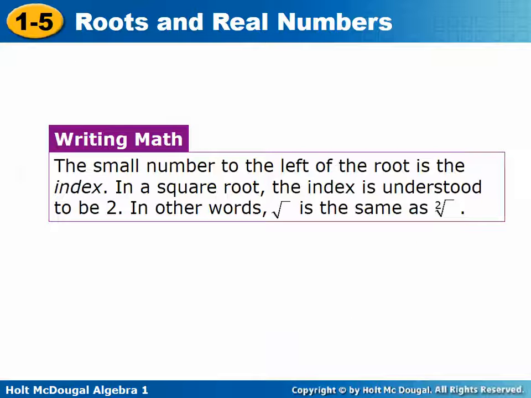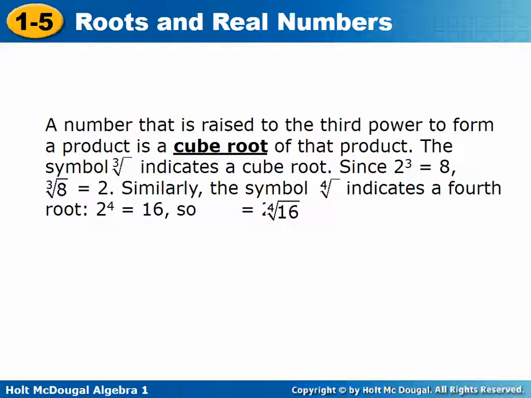All right, so here's what I was talking about before, that radicals are not always square roots. In a square root, we understand that the index is 2. We understand that we're undoing a power of 2. That's why we call it square root. We're undoing a square. But we can also take cubed roots.